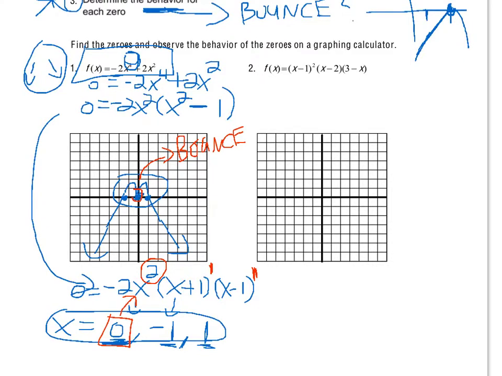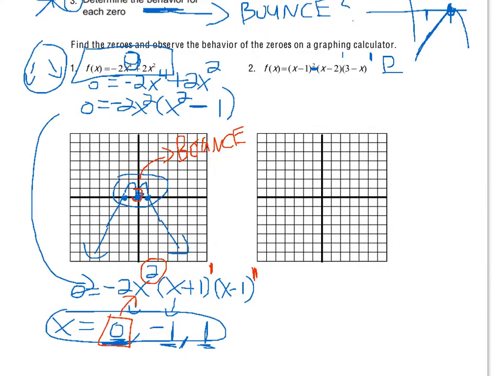Okay, let's do number 2. Now number 2 is less work for us because it's already factored out for us. It'll just take us a little bit more work to get the end behavior, because you have to add the exponents together to find out the degree, and you have to figure out the leading coefficient. All right, so since it's all factored out, I'm going to add all the exponents. This is 2. It's assumed to be a 1 right here. This is assumed to be a 1.